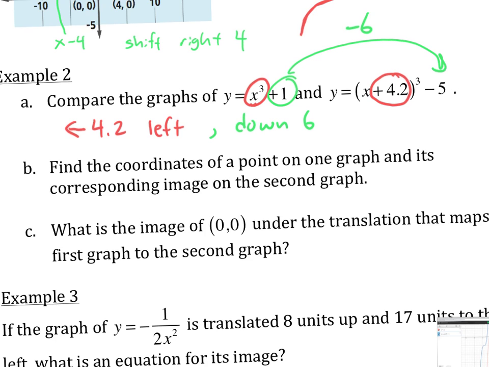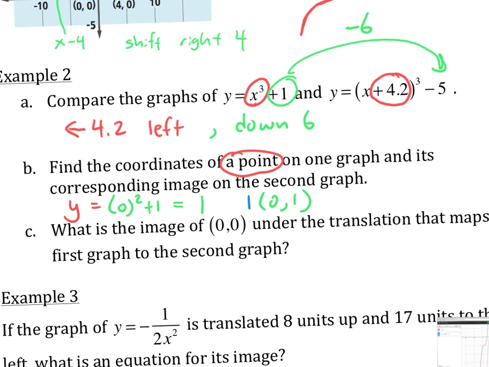So next part here. Find the coordinates of a point. And the question, of course, is, what point? Well, any point. So I just pick a point that'll work in here and see where it goes over here. So for example, if I take y equals, and I plug in some number, 0, for example, that's going to give me a 1. So I start with the point (0, 1). And where does it map to?